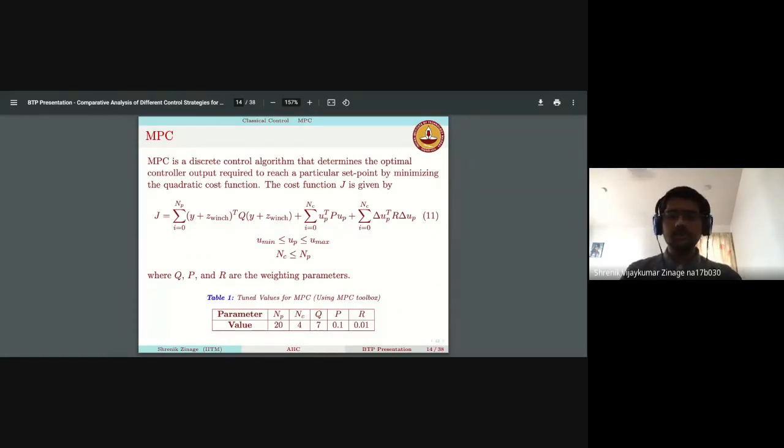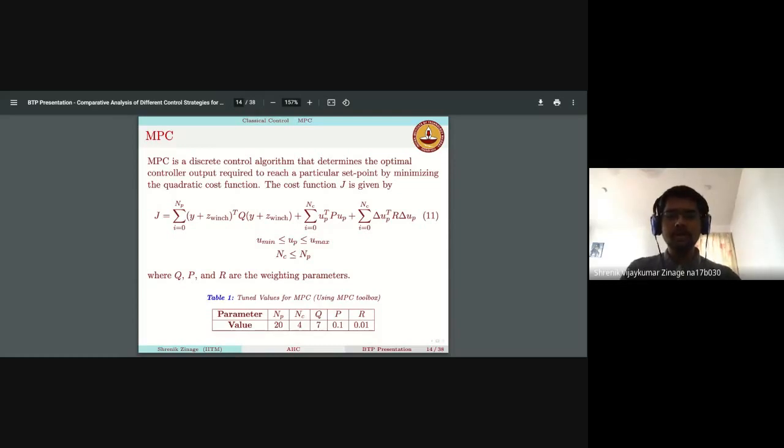Now there is also a big explanation regarding how MPC works. I'll not get into that. I'll just cover how I tuned those values. So over here, the things that are in our control are the Q matrix, P matrix, and R matrix. Our objective is that the MPC does a cost optimization in a receding time window.